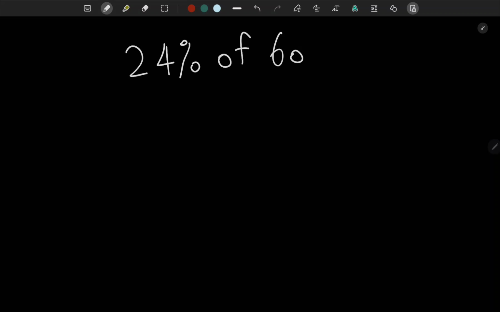Now sometimes it won't be that easy to calculate the answer, so you might be left with fractions or decimals. So here we have to calculate 24% of 60. So let's write 24 over 100 multiplied by 60. We can cancel out one 0, and we can divide the 100 by 2 and 60 by 2 as well. So this becomes 50, this becomes 30.